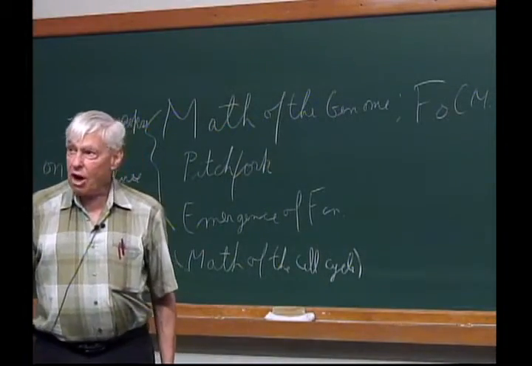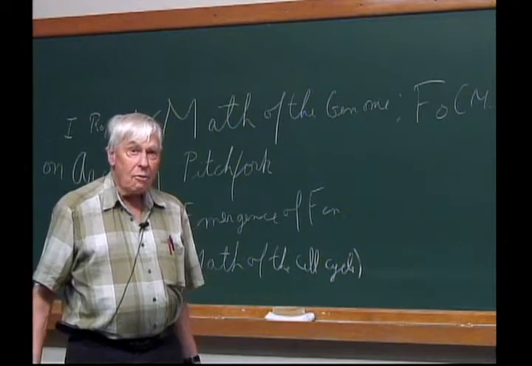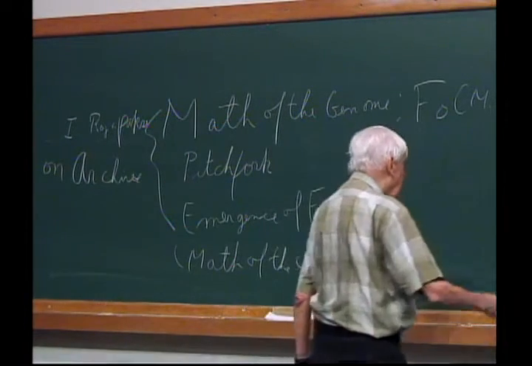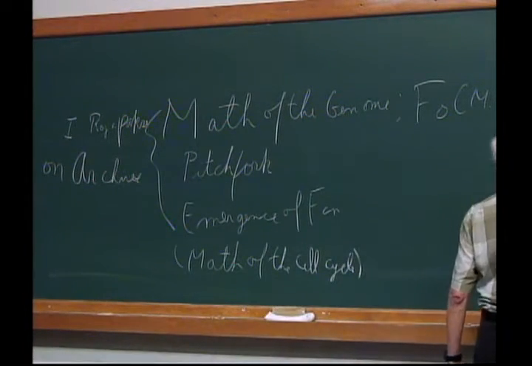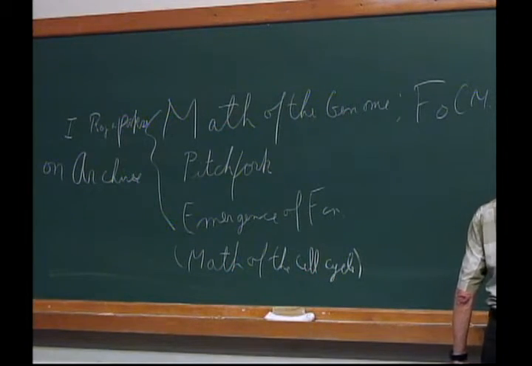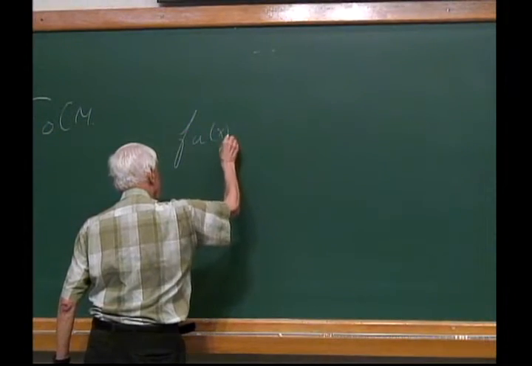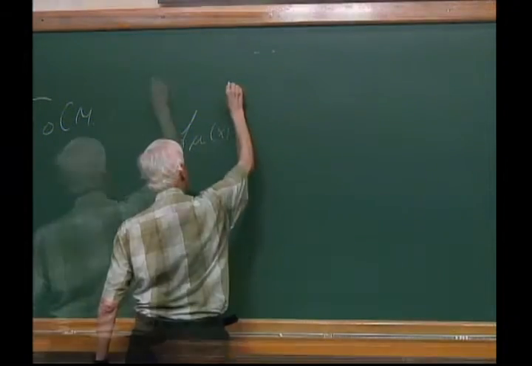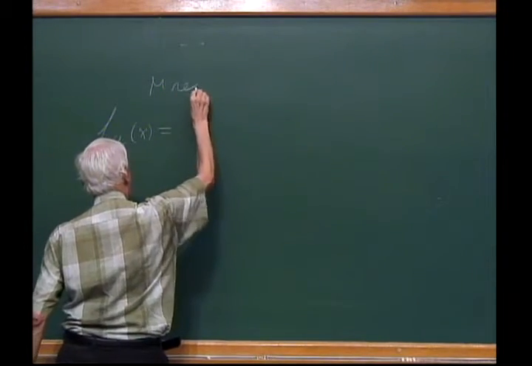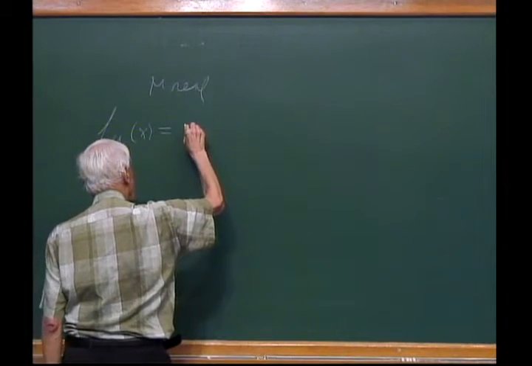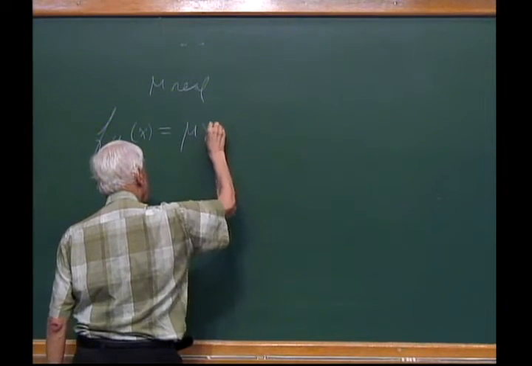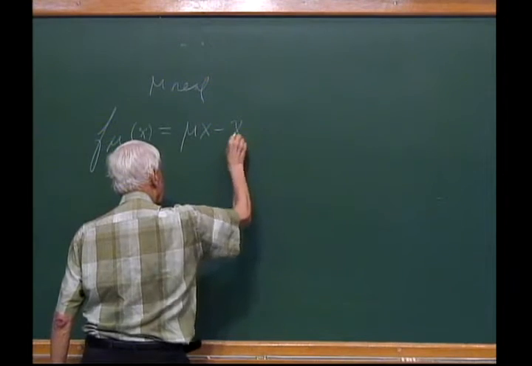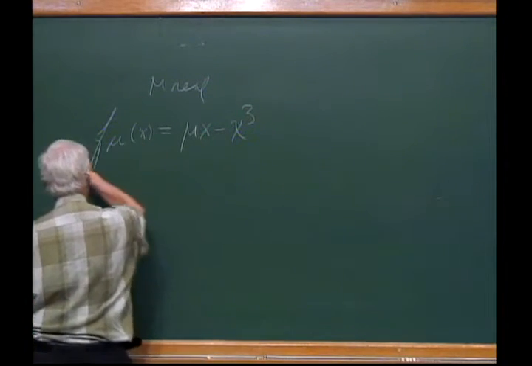Okay, so the pitchfork bifurcation, let me remind you, is of this form. It's a 1-parameter family of dynamical systems defined by f mu, for mu real, equals mu x minus x cubed, 1 variable.